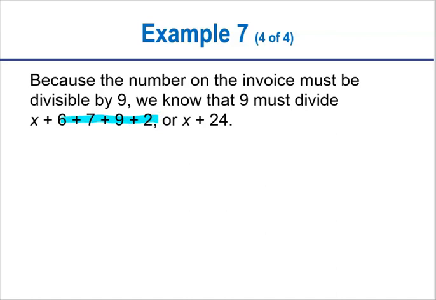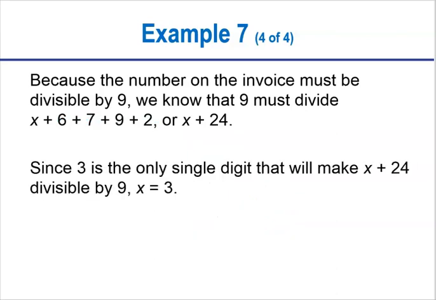Now, we need that number to be divisible by 9. Is 24 divisible by 9? Well, no. What's the next number that's divisible by 9? 27, you say? You bet. So 27 is divisible by 9. Well, if x plus 24 has to equal 27, doesn't that mean x is equal to 3? That would work, right?